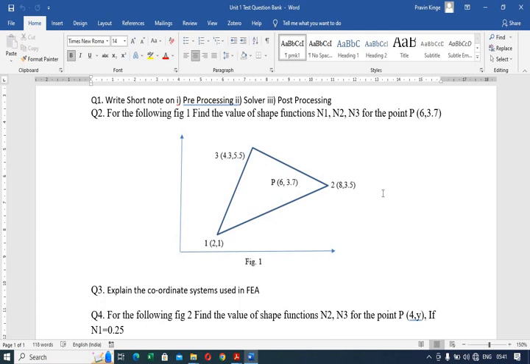Usually the end user is involved in this pre-processing. You can cross-check each and every step with the help of suitable software. Next is solver. Solver takes care of the mathematical calculations in the analysis.